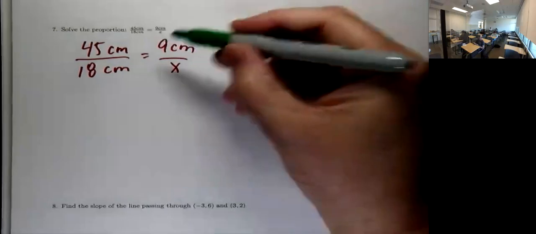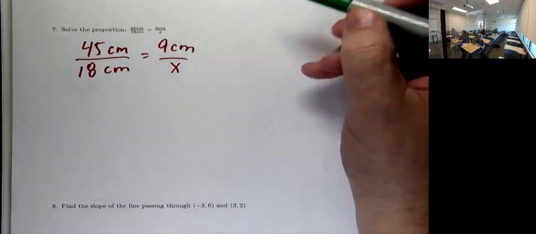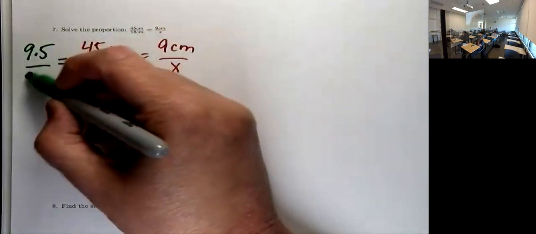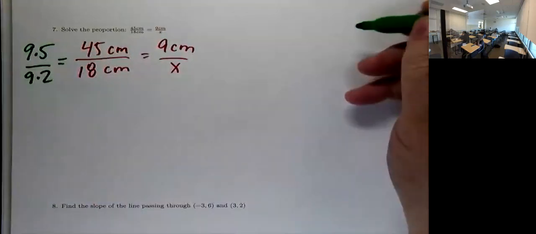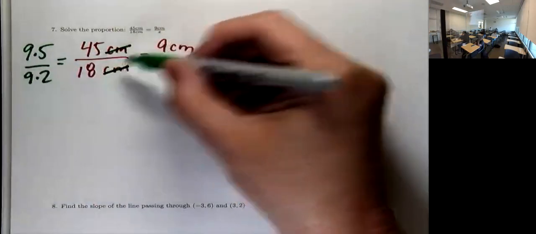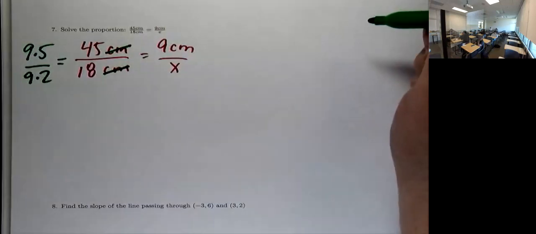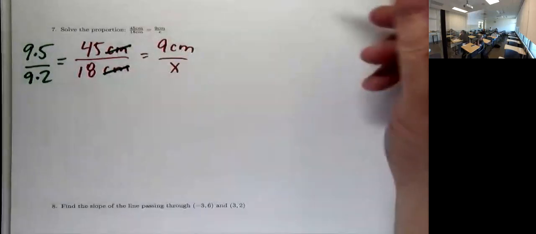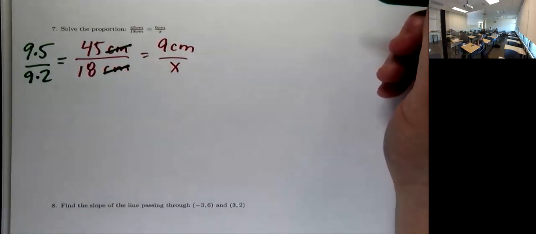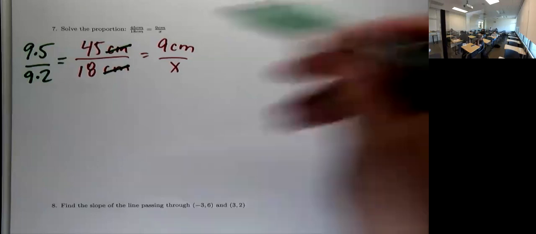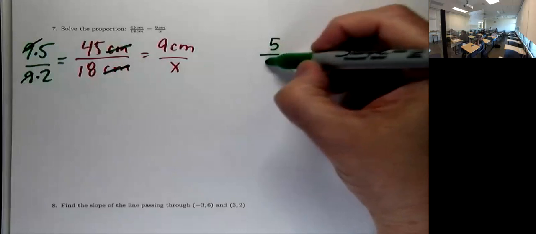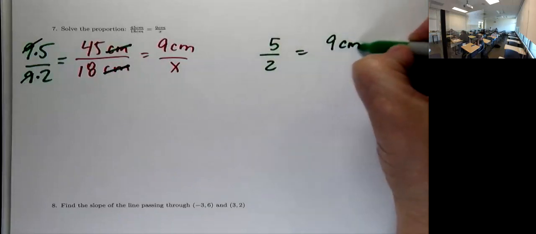I'm actually gonna simplify a little bit first here. I think this is gonna make this a lot easier. 45 is 9 times 5, and 18 is 9 times 2. You can cancel off the centimeters. We can also cross off the 9s. And what I have is 5 over 2 equals 9 centimeters over x.